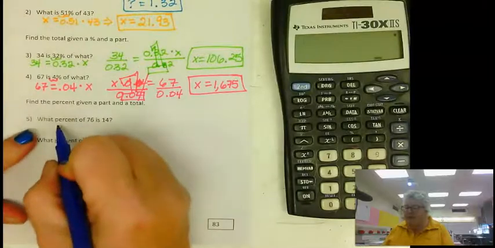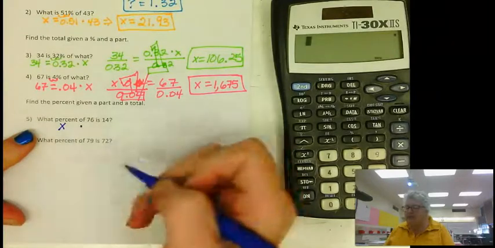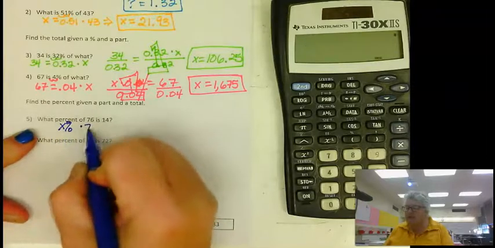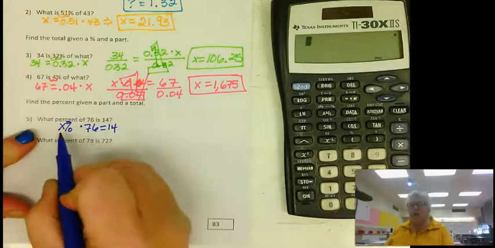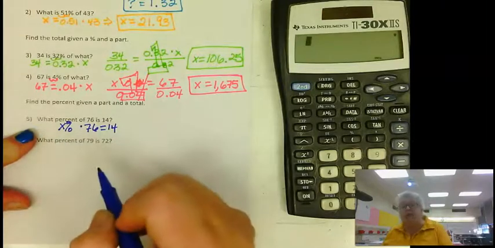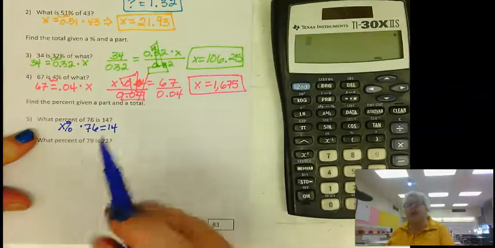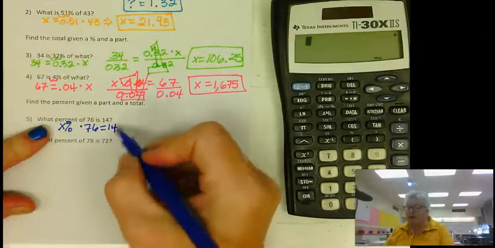what percent, so I don't know, X, of is times. So we got X percent times 76 is 14. Okay, so we're not going to be doing X percent. Okay, we want to find out the percent, but to do that, it's going to be a decimal first, and then we convert it to a percent. All right, so here's how it works.